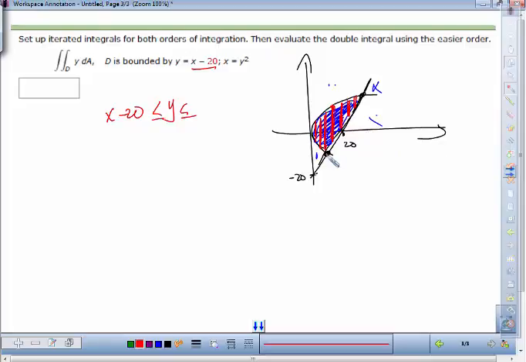To the left of that, the lower bound is x equals y squared. So right here, where I'm pointing at? So it looks like we have a bit of an issue here, right? In terms of y?